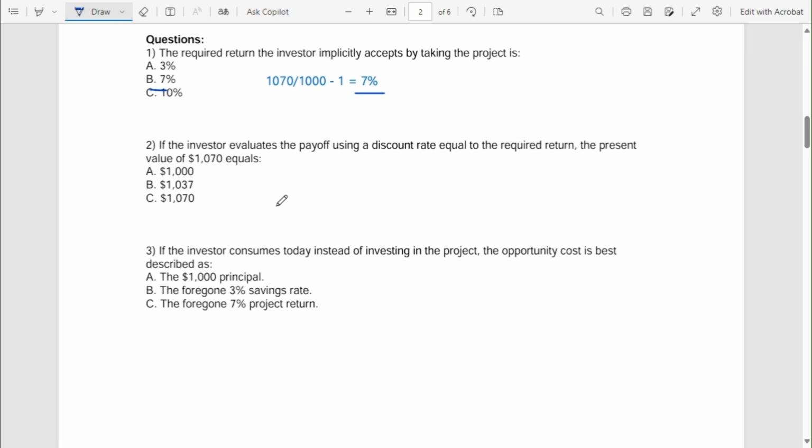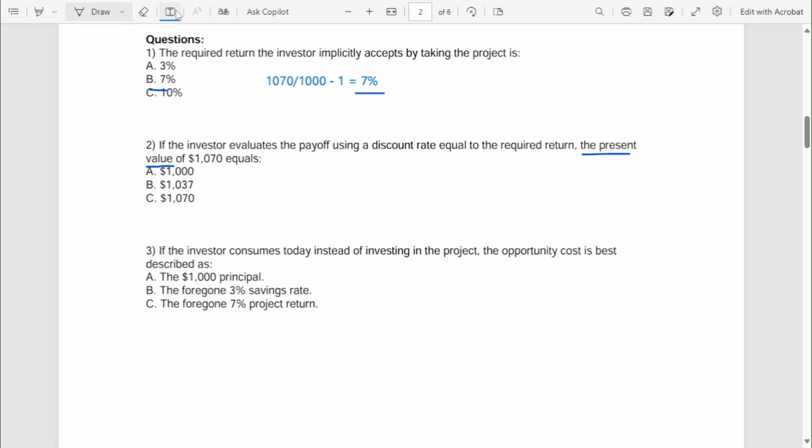If the investor evaluates the payoff using a discount rate equal to the required return, the present value of 1,070 equals, well, by present value here, the question actually means the amount that the investor needs to invest for a year to receive $1,070 in 1 year. This is the second interpretation of the interest rate as discount rate. We have already calculated the required rate of return, 7% in question 1, which is the same as the discount rate.